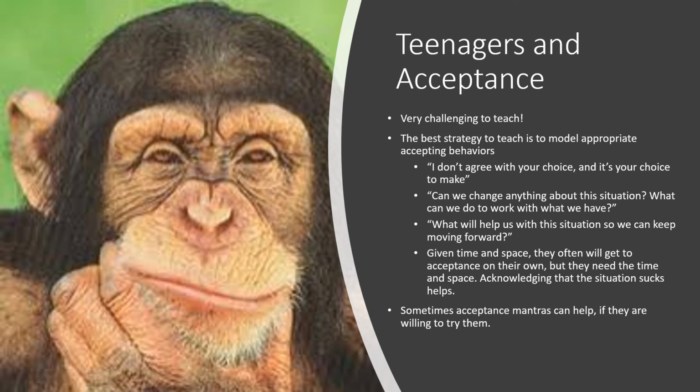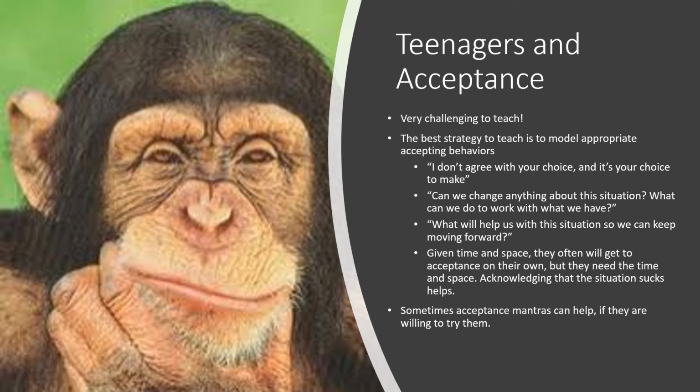Sometimes acceptance mantras can help if they're willing to try them. There are different things like, I can get through this, this doesn't last forever. A popular one is, this is only temporary. Again, they have to be able to say them to themselves, though. One other thing to remember when you're talking to teenagers about acceptance is that they really need to find it on their own.